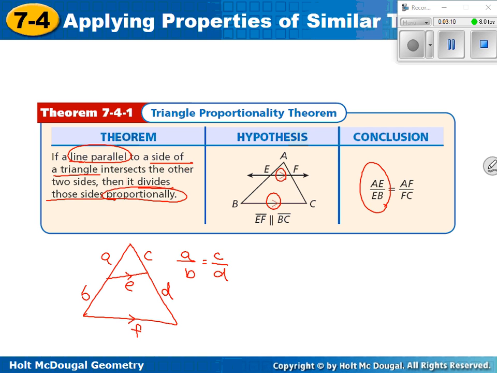That fraction is not going to be the same as E over F, which is comparing the bases of the triangles. Are you with me? So this shortcut lets you compare the 2 pieces that are found when the line's parallel, but it does not let you compare the bases of the triangles to that. So be careful that you do not use E over F.